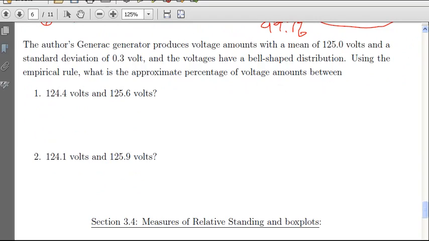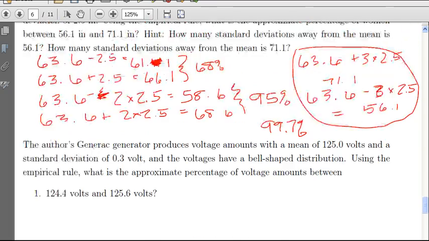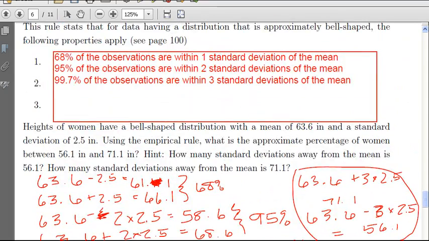So we're going to continue on. We're on page 19, about halfway down. Going to work on this problem. Again, we have a bell-shaped distribution, which means we can apply the empirical rule. So 1, 2, or 3 standard deviations corresponds to 68, 95, and 99.7.